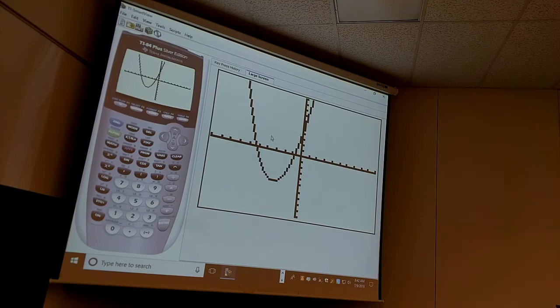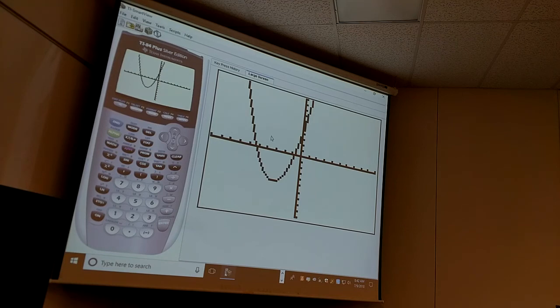They must have a 0 output here because the y part is 0, and y is the output. So when they ask what the solutions to this quadratic equation are, you end up finding the x-intercepts. That's what the quadratic formula does: it finds the x-intercepts, which happen to be the answers to ax squared plus bx plus c equals 0.